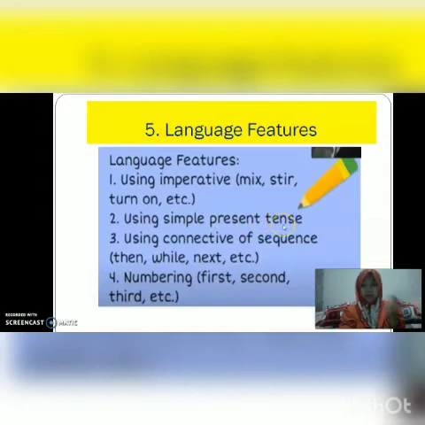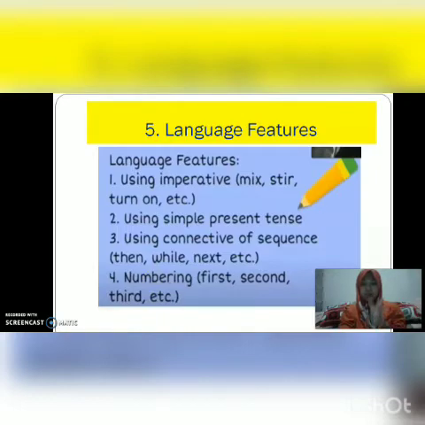I will explain in the next slide. And then using connective of sequence. For example, then, while, next, etc. And then number 4 is numbering.